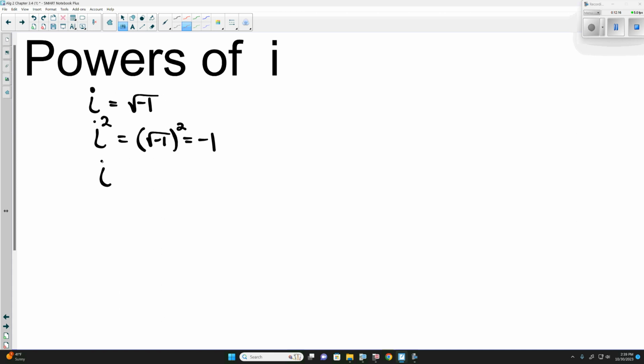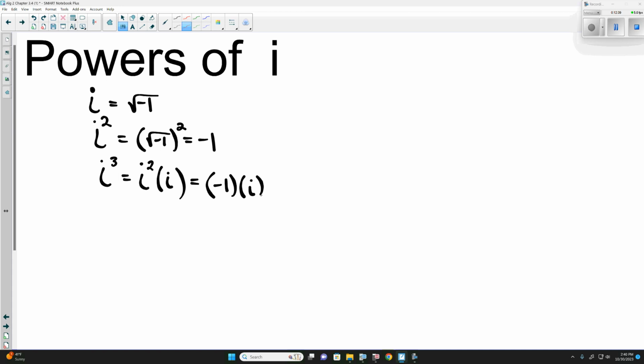We're going to keep going. We're going to say i cubed. Really, we just took the previous one, i squared, and multiplied it by i. Because we got 3 of them, i squared times i would be i cubed. Now the reason I do this is because we know the value of i squared. i squared is negative 1.